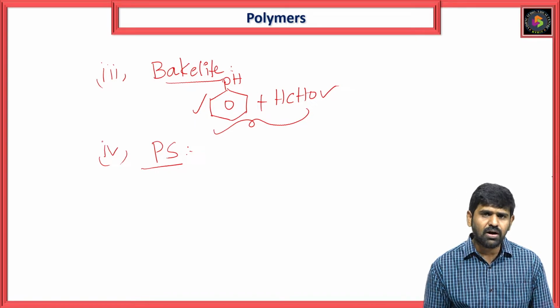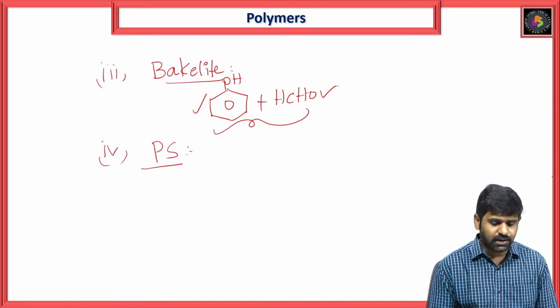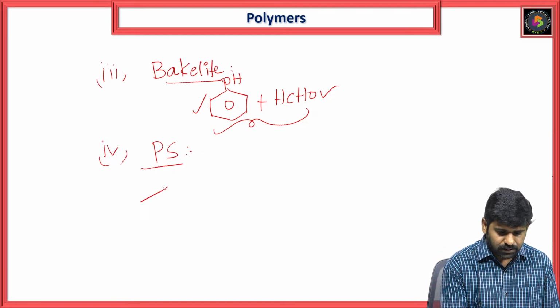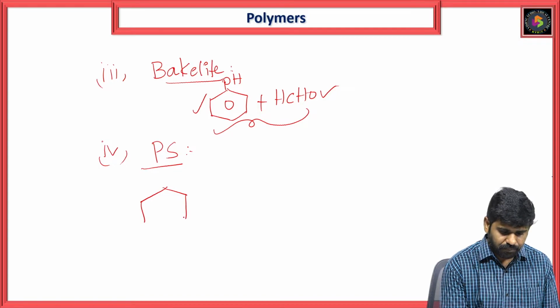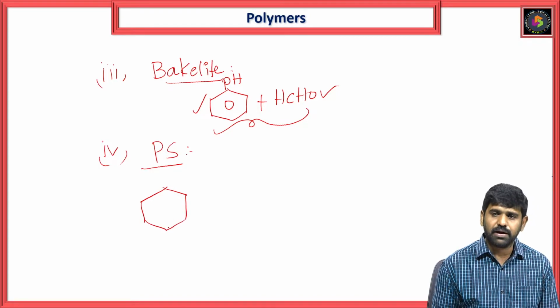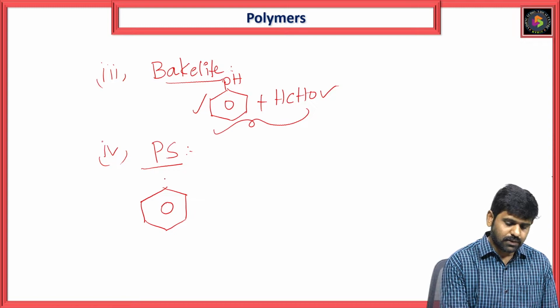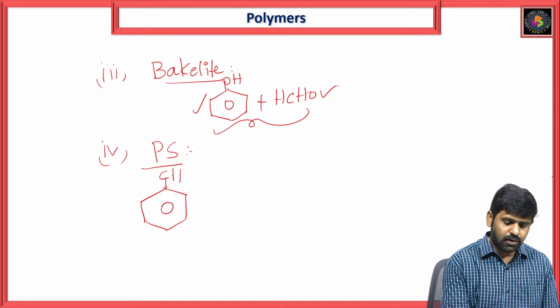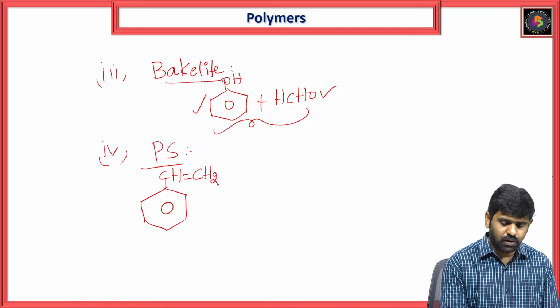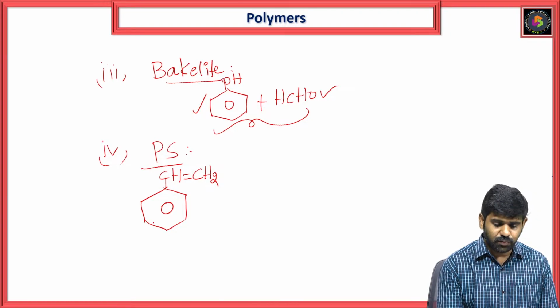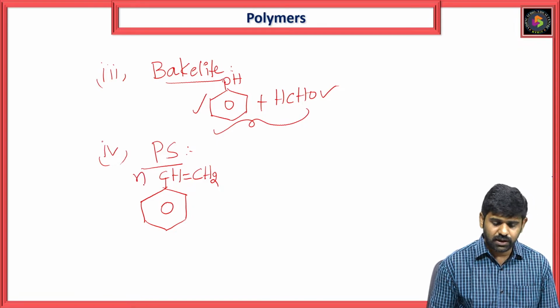That is, here I am writing C6H5-CH=CH2. This is the vinyl group, and this one is benzene. Vinyl benzene, N moles.